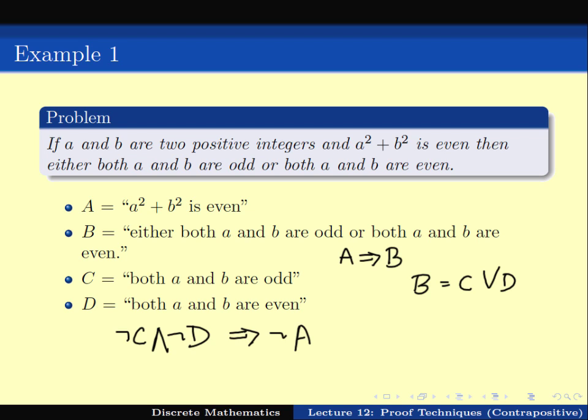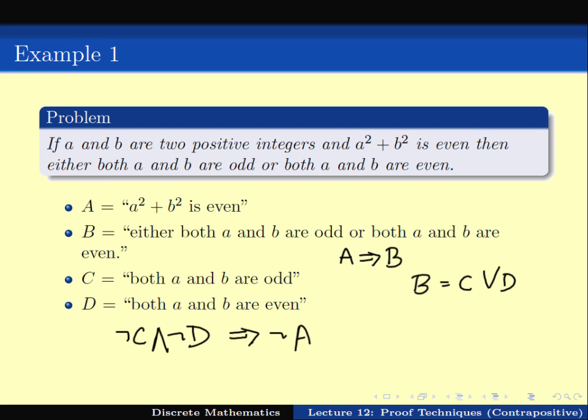Now let's reformulate this statement again. So not C and not D, what is it saying? That both A and B are not odd and both A and B are not even. Another way of writing it is, of course, one of A and B is odd, the other is even. And not A is A square plus B square is not even, so in other words, A square plus B square is odd.